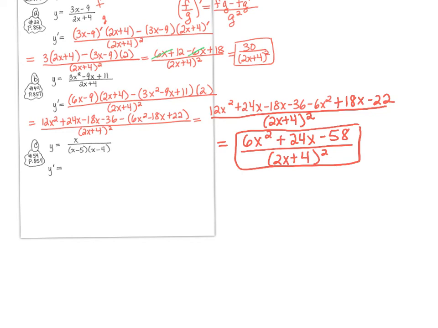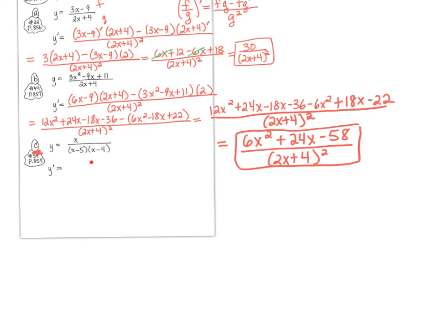Okay, so now in part C, we have x divided by the quantity x minus 5 times x minus 4. And we need to find the derivative, y prime. What's your approach here? Multiply out the bottom.